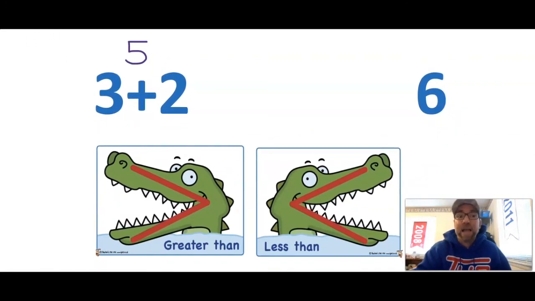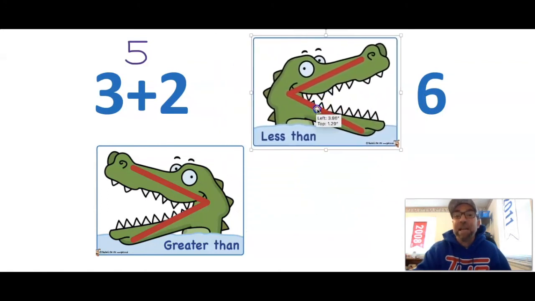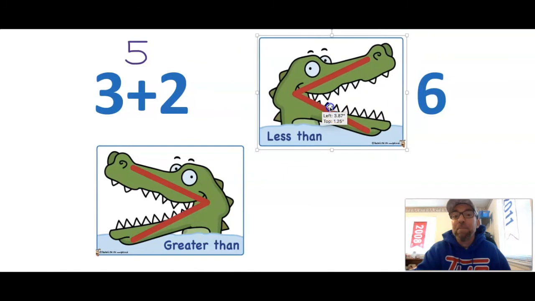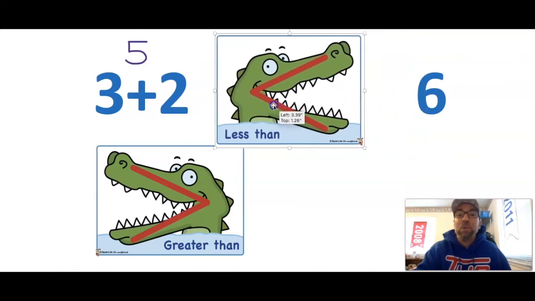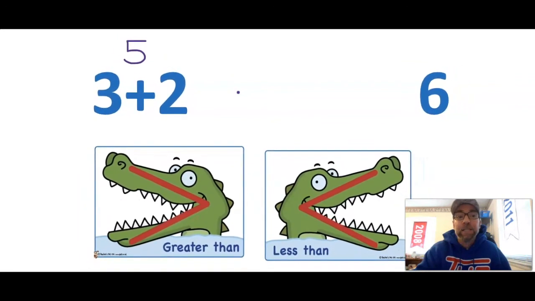Now, which side is bigger? The side that has 5 or the side that has 6? Well, there it is. The alligator is going to eat that bigger number. So we have to draw the less than symbol. Remember, one dot points to the smaller side, and two dots points to the bigger side.